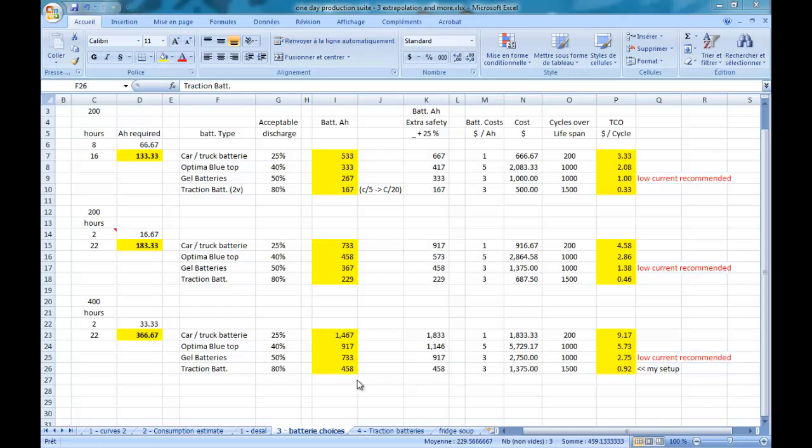I have chosen that setup here. I got a pretty good deal on traction batteries, and I just wanted to share with you what it looks like in a boat.